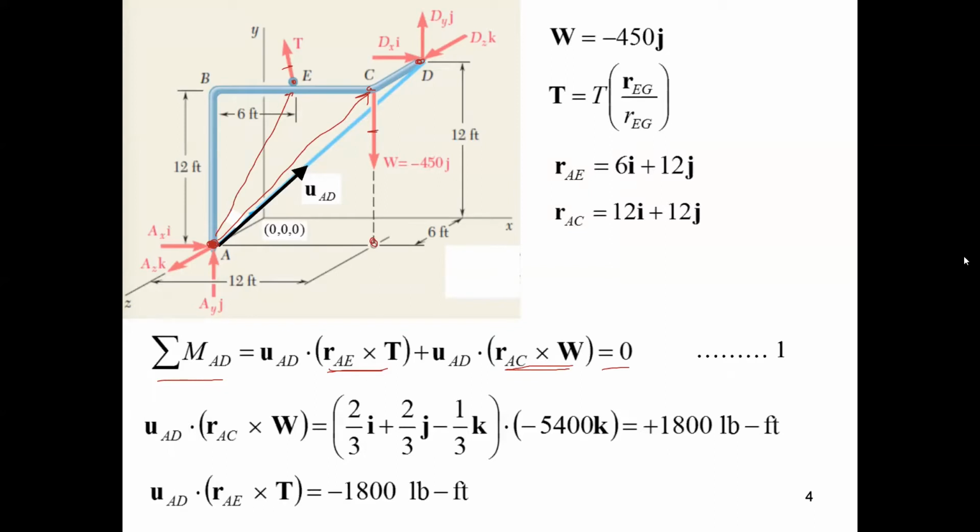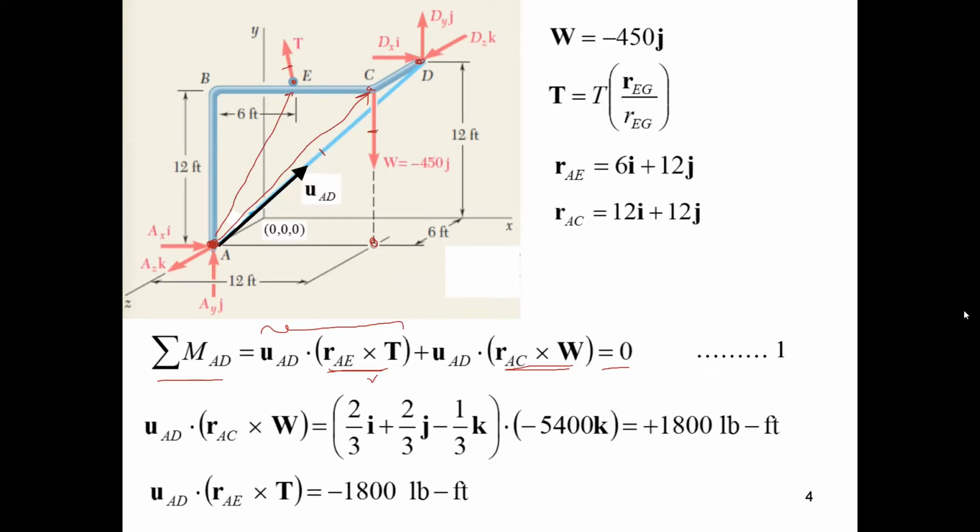As we know, the cross product of the position vector RAE and the tensile force vector T is another vector perpendicular to both of them. The projection of this new vector on a unit vector UAD will give the moment about the axis AD.